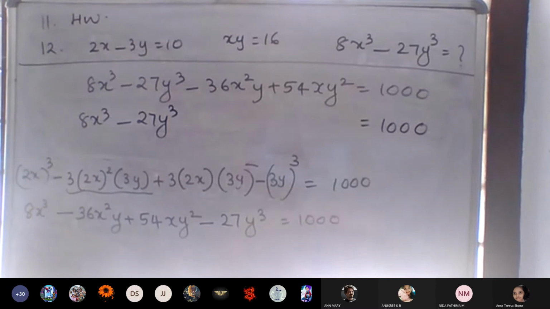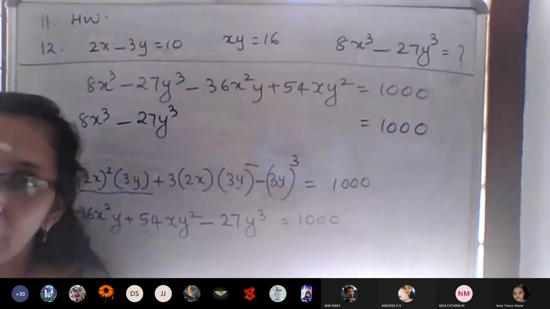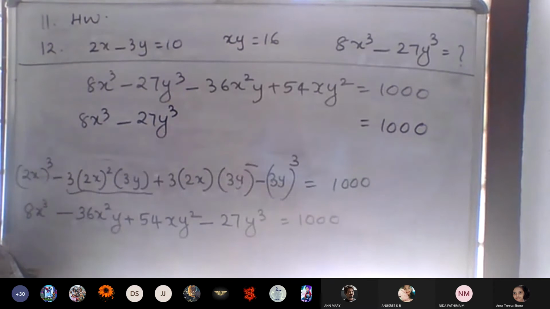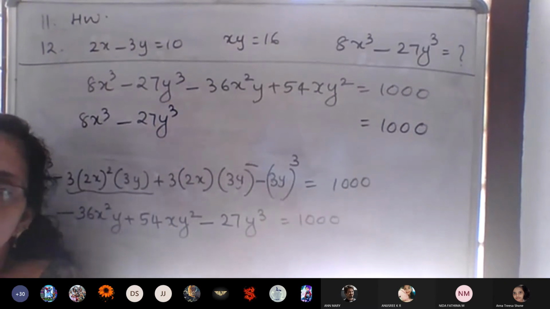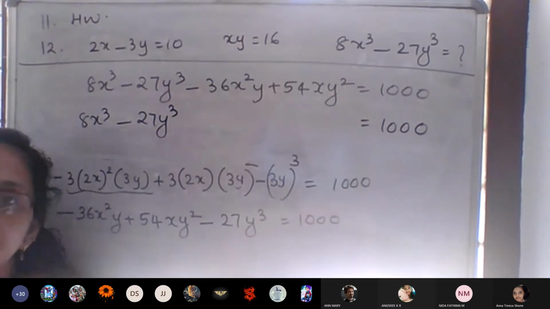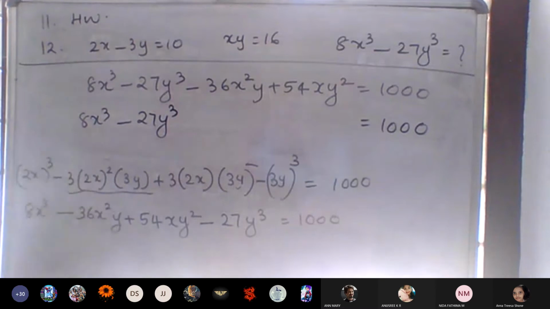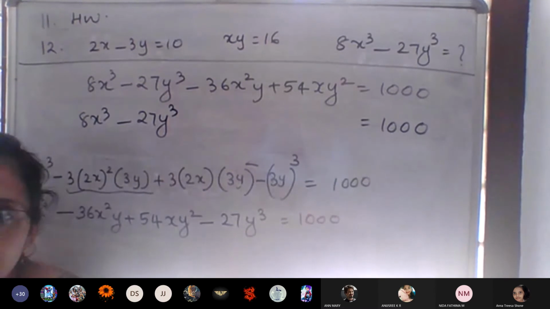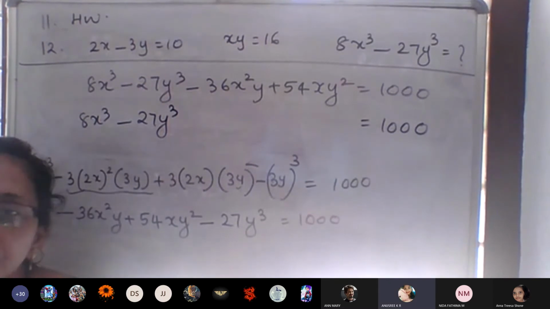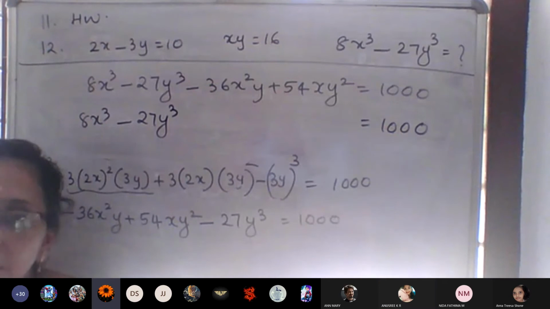It's your chance. What can you do? Which one do we have to take common, or what do we have to do first before taking common? What do we have in the starting question? We have xy equal to 16.